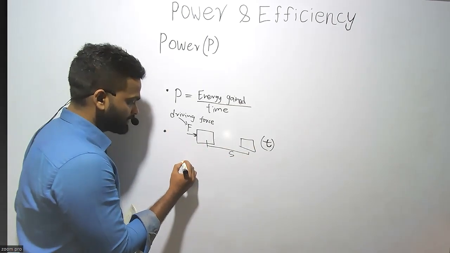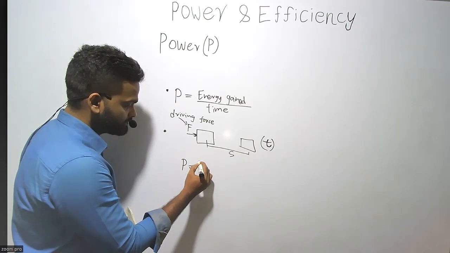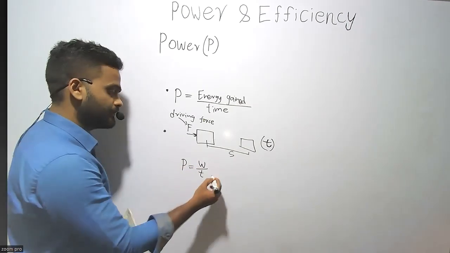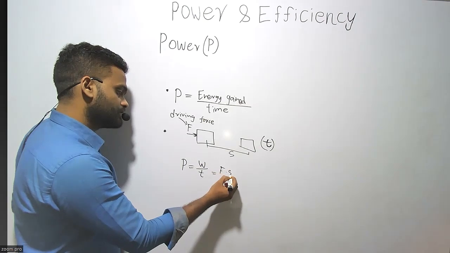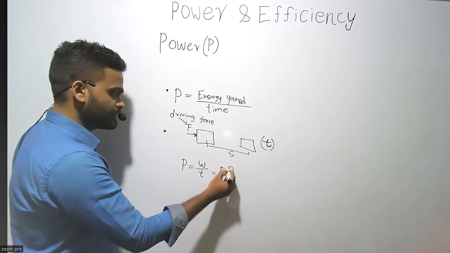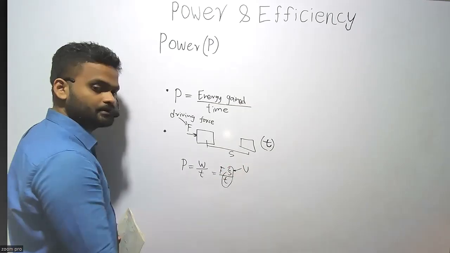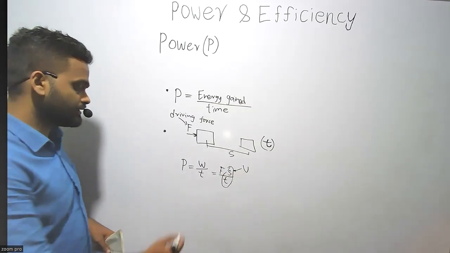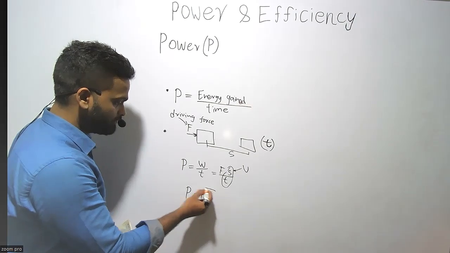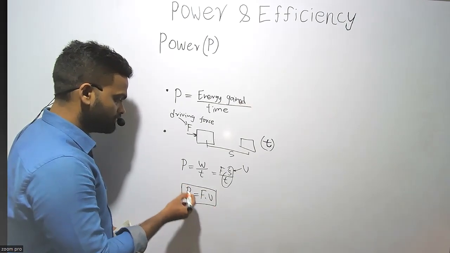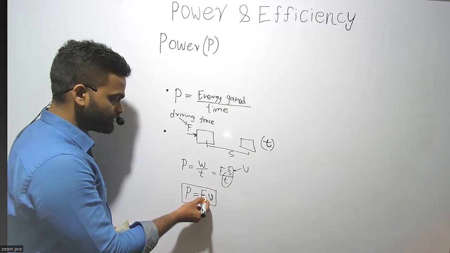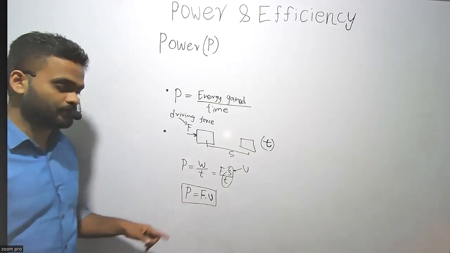So if you need to calculate power in this case, it is work divided by time. So work is equal to force times displacement, divided by time. Displacement divided by time, we can write as velocity. Then we have this equation for power, F times V. F is the driving force, right?